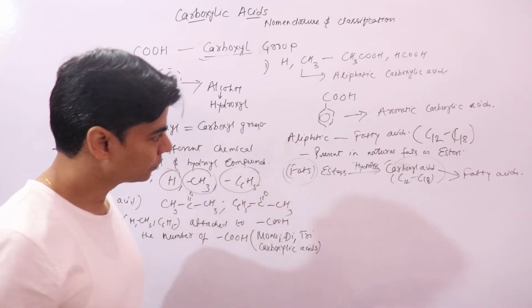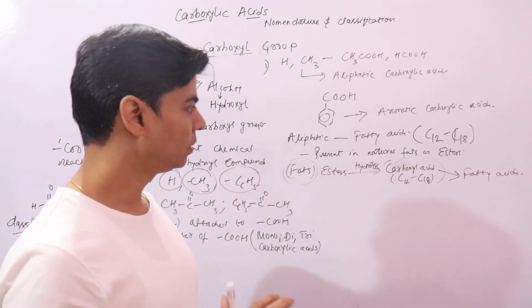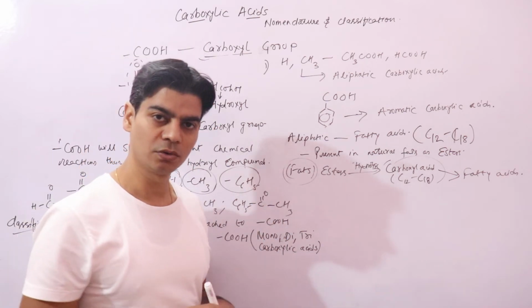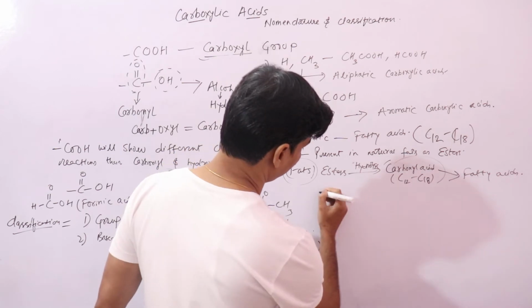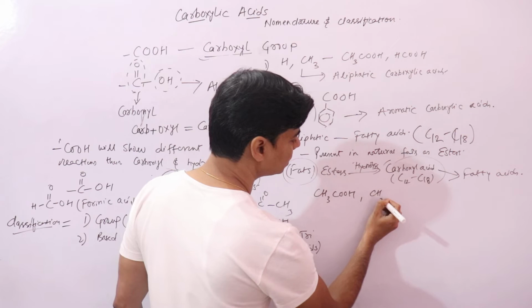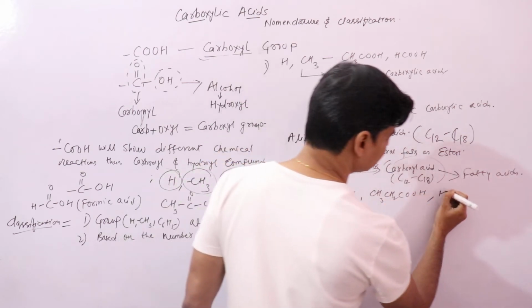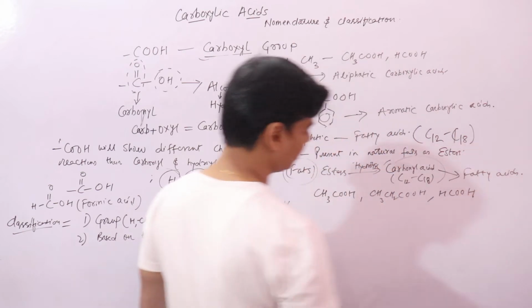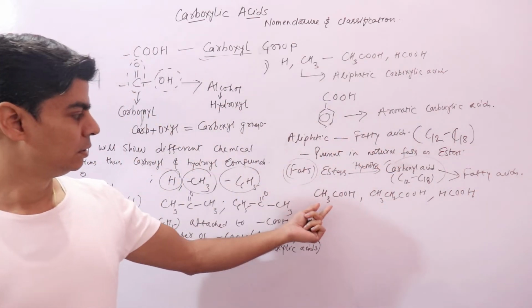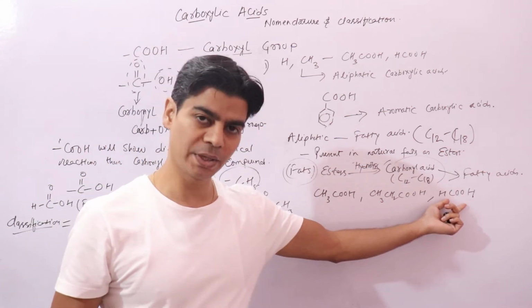Now let's look into the classification based on the number of carboxylic groups attached. You have CH3COOH, CH3CH2COOH, HCOOH. This is your ethanoic acid, this is your propanoic acid, this is your formic acid.